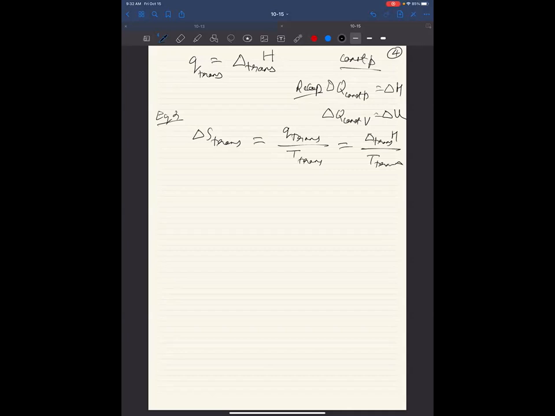This needs to be added to equation 3. So I'm not going to write the full thing, but let's say you have solid going to liquid. Let's keep the gas part, it's the same idea, right?